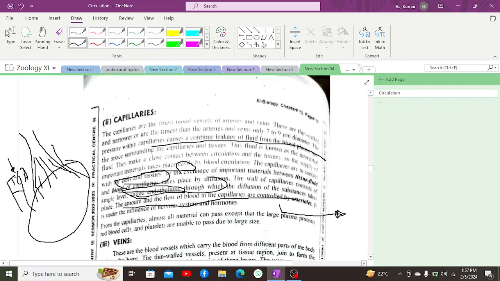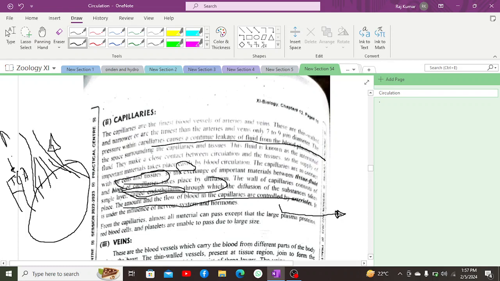than the total cross-sectional area of the single aorta, due to which we can say the surface area of the capillaries will be more than the surface area of the aorta, due to which the blood pressure within the capillaries would be lower as compared to the aorta.